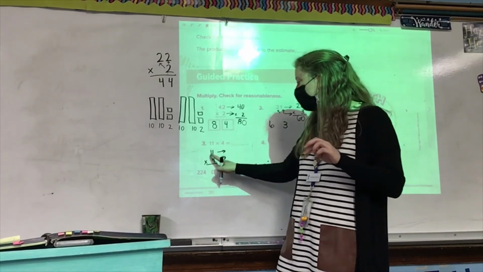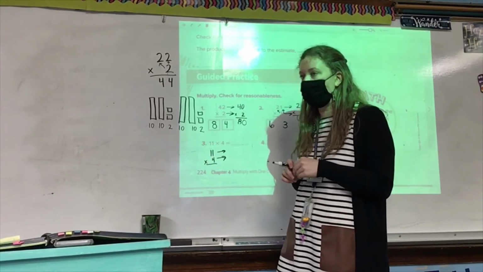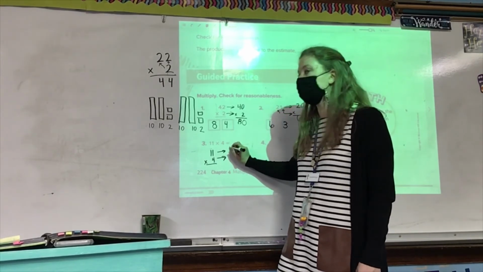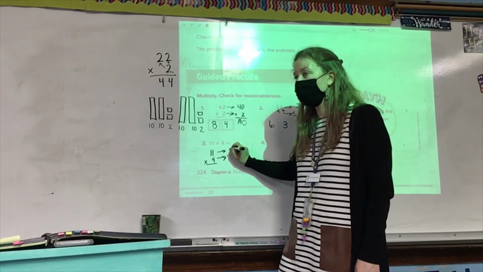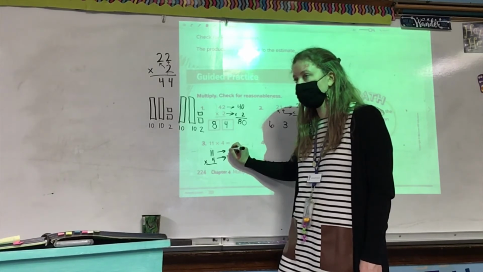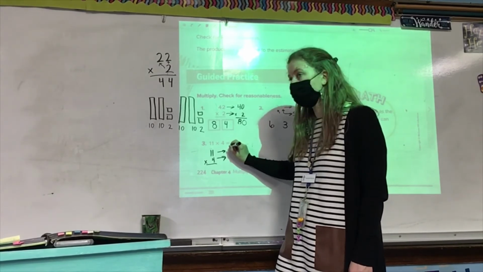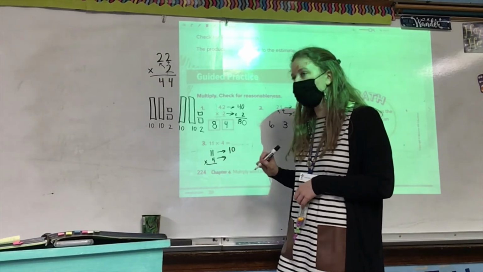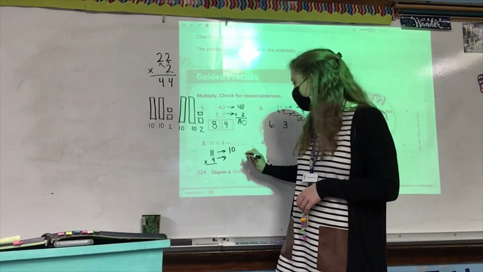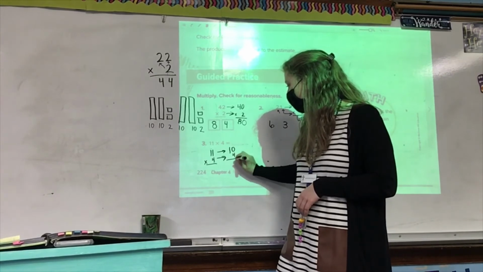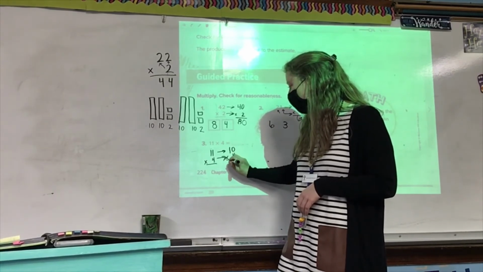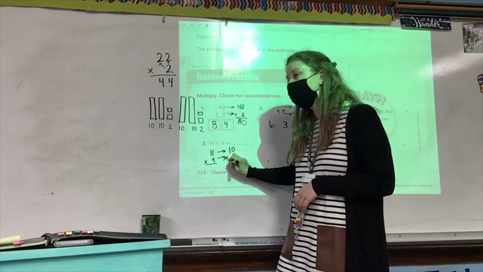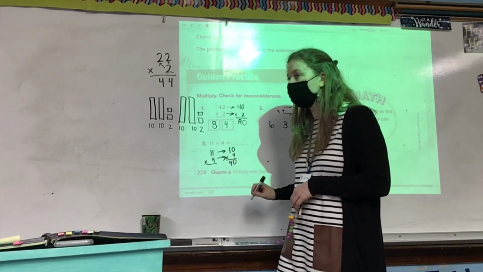Which of our factors do we round? 11. We round it to the nearest 10, which is what? 10. Do we round our other factor? No, but we need to make sure that we line it up. 10 times 4 is what? 40.